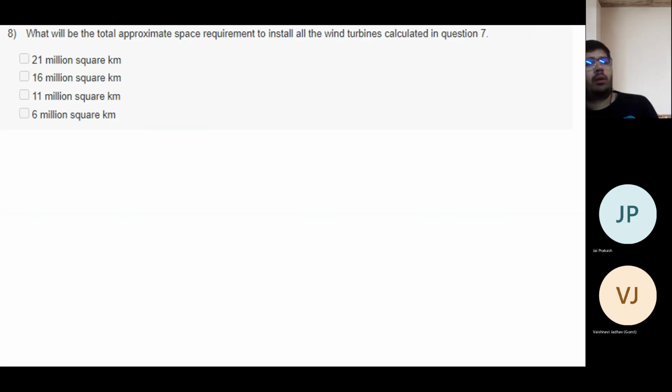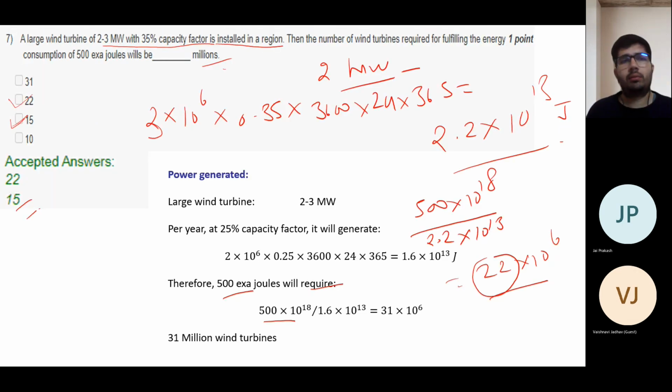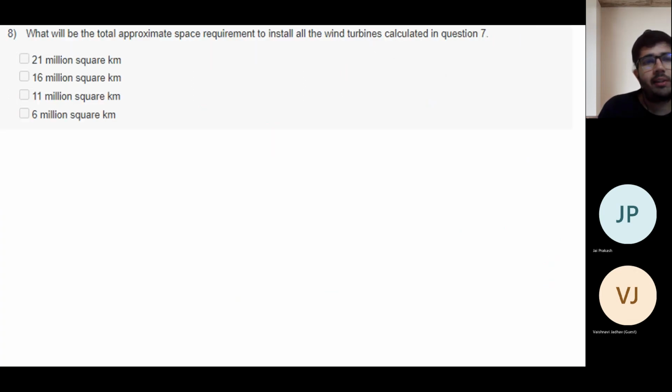So next question. What will be the total approximate space requirement to install all the wind turbines calculated in question number 7? So you have calculated the number of turbines as per question 7 data. So you require 22 millions or 15 millions wind turbines. Now calculate the space requirement.